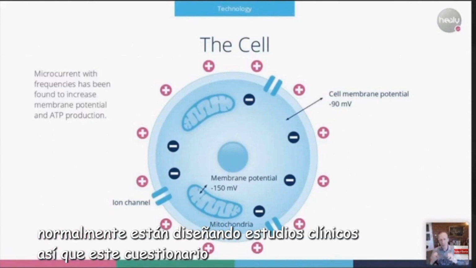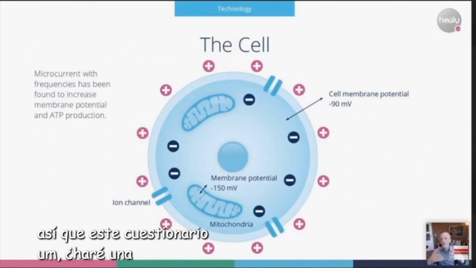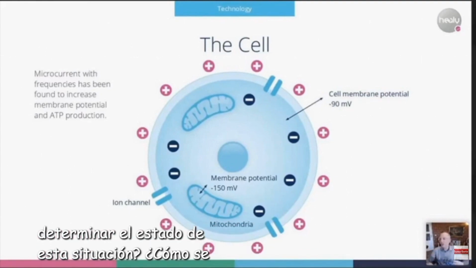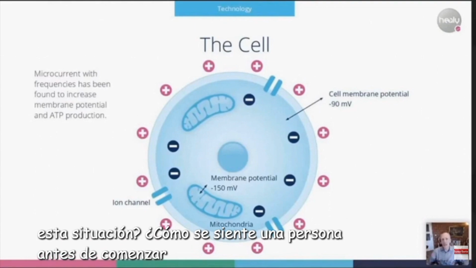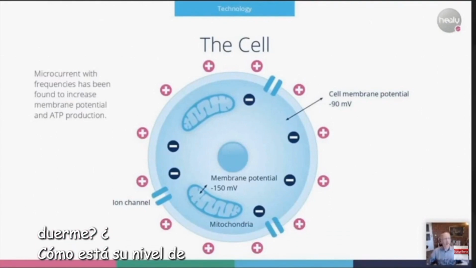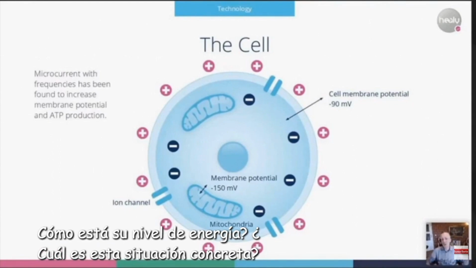So this questionnaire will ask simple questions to determine the state, the situation, how a person feels before they start using Healy: how they sleep, how is their energy level, what is their concrete situation.